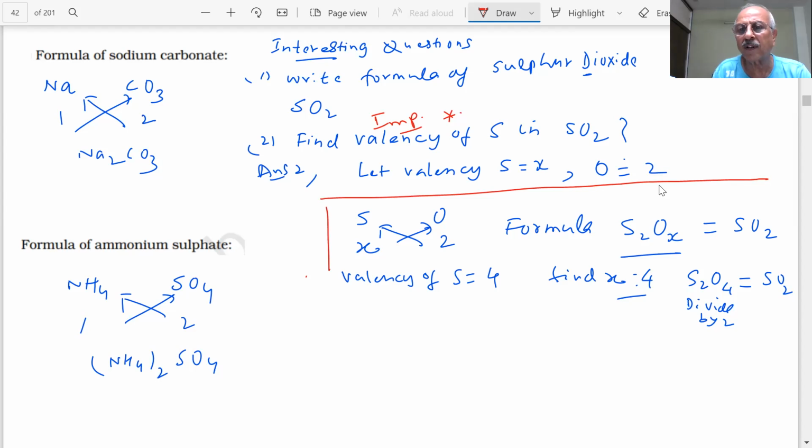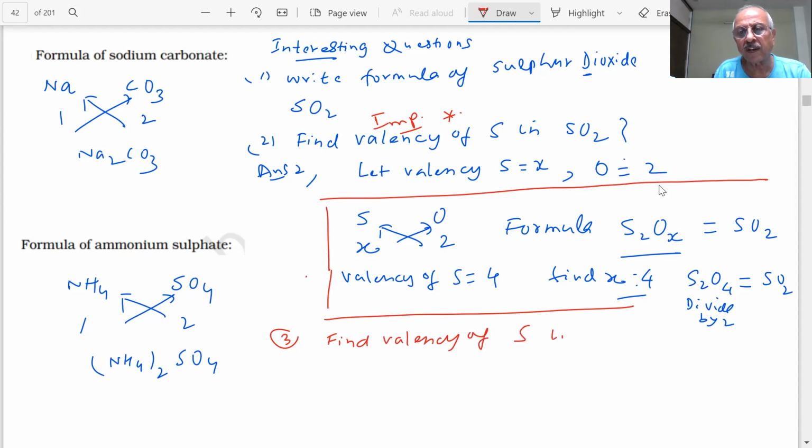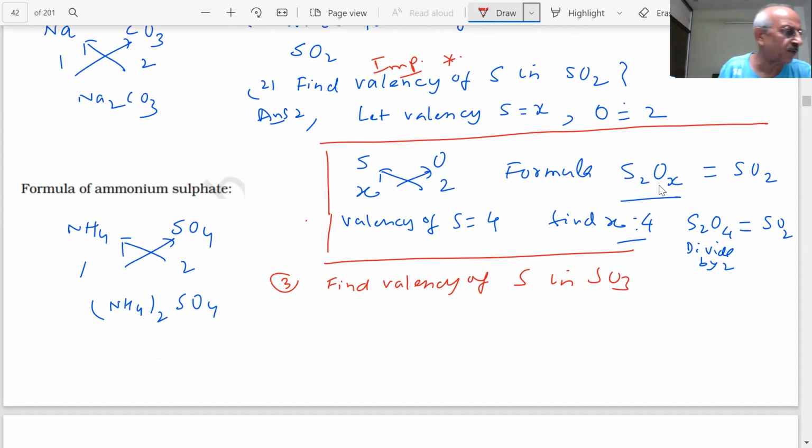How do I calculate the valency, student? Similarly, question number 3, I say find the valency of sulfur in SO3, student. You have 1 to 2 minutes to answer the question. How will you find the valency of sulfur in SO3?